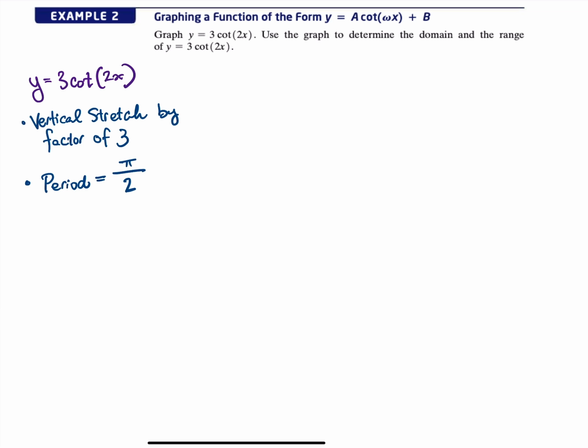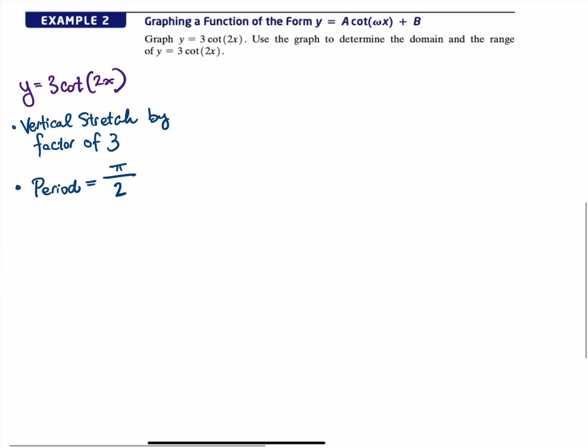You can also think about just multiplying each of our x values by 1/2, or dividing them all by 2. And that will cause that horizontal compression. So let's do this one in a couple steps like last time. Let's remember our first graph of just the cotangent.